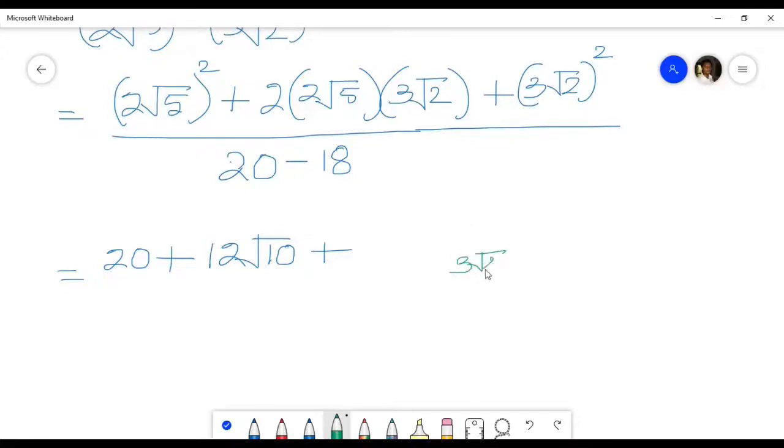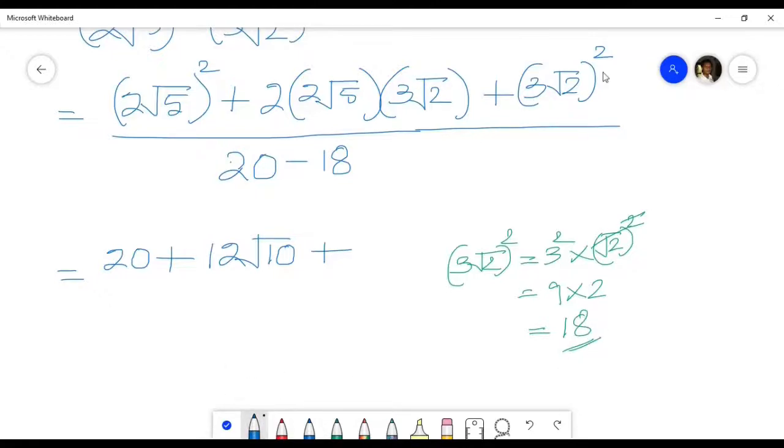That square is for both 3 and root 2. So we can write it as 3 square into root 2 whole square. The square and square root cancels, and we get 9 into 2. When you multiply it, we get 18. So we got the value of 3 root 2 whole square as 18. I hope it is clear and understood till here.